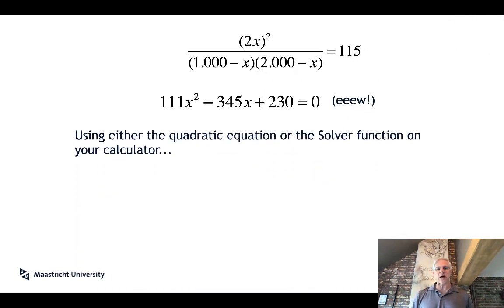Now, if you do a little algebra there, you end up with kind of a nasty little quadratic equation right there. As I have on that slide, those aren't particularly fun to solve. You can solve this in one of 2 ways. You can use the quadratic equation and do it by hand, or a lot of you have calculators that have a solver function, and you are certainly welcome to use that solver function.